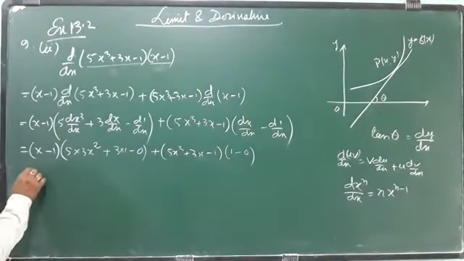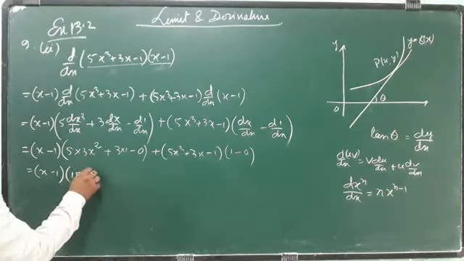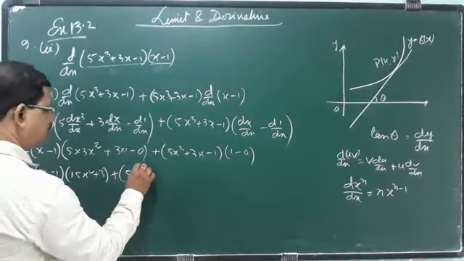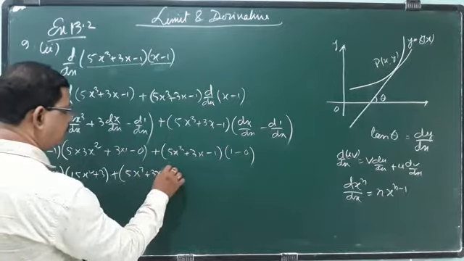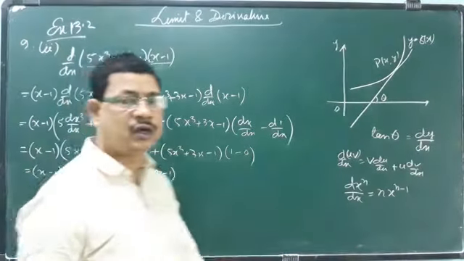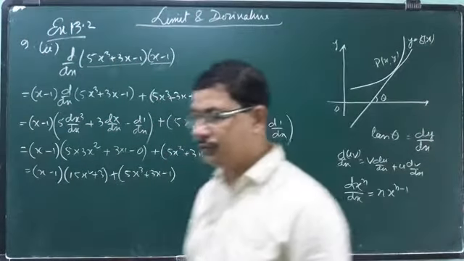So ultimately we are getting (x minus 1)(15x squared plus 3) plus (5x cubed plus 5x minus 1). So students, this is the solution of our question number 9.